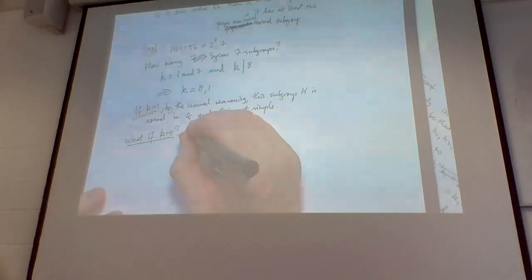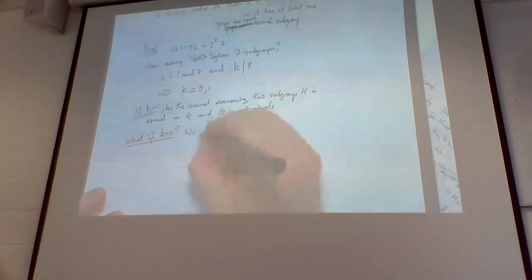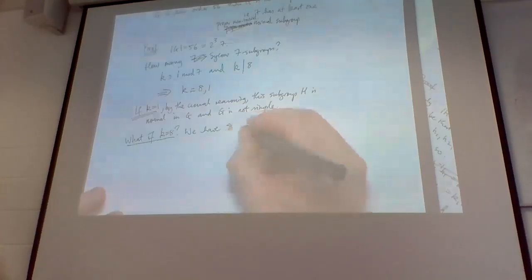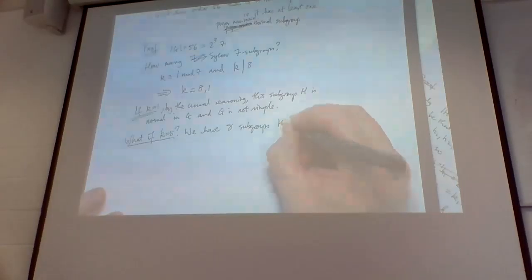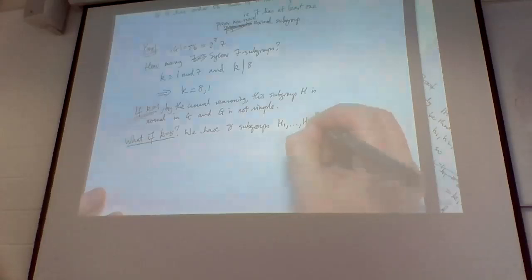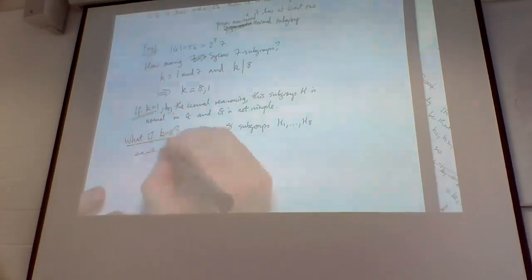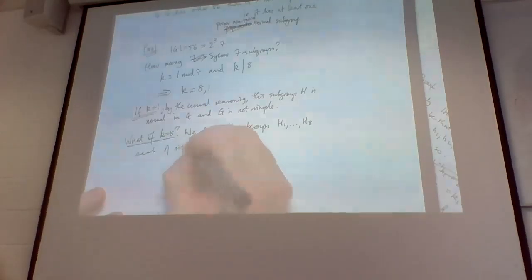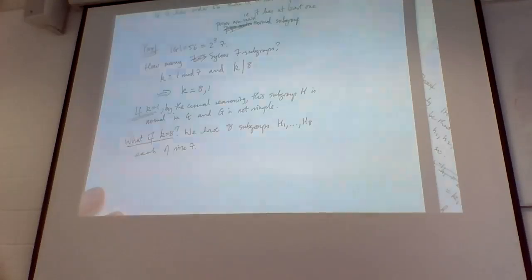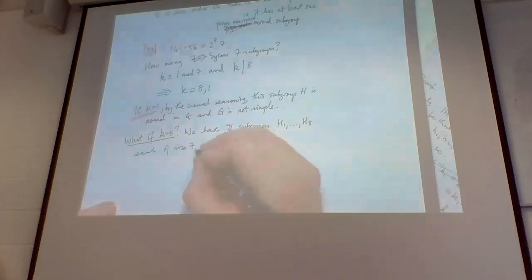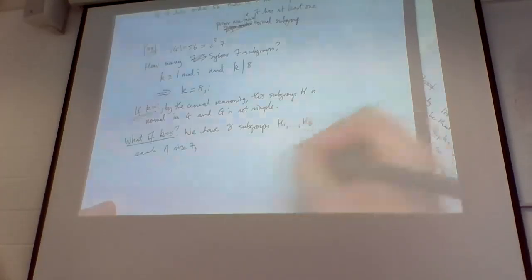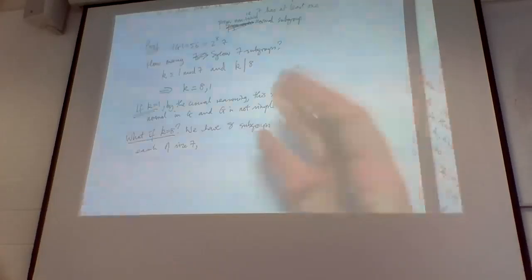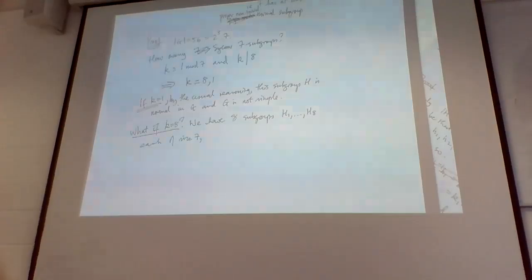Well, then we have 8 subgroups. If you want, you could label them H1 to H8, each of size 7. They're distinct subgroups.